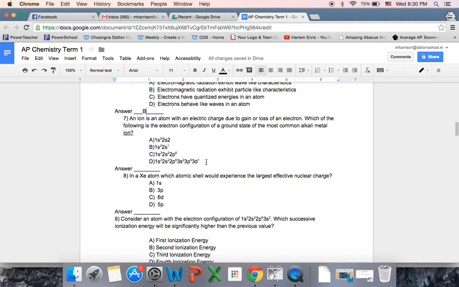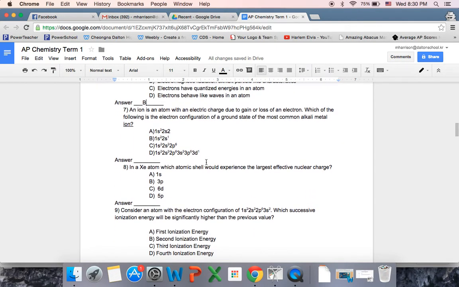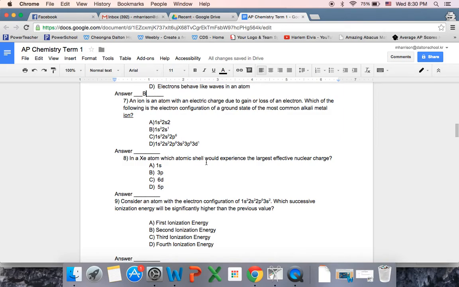An ion is an atom with an electric charge due to a gain or loss of an electron. Which of the following is the electron configuration for the common state of the most common alkali metal ion?